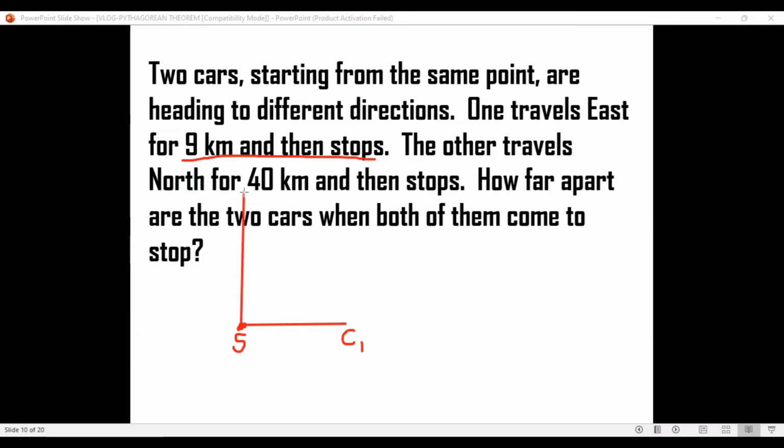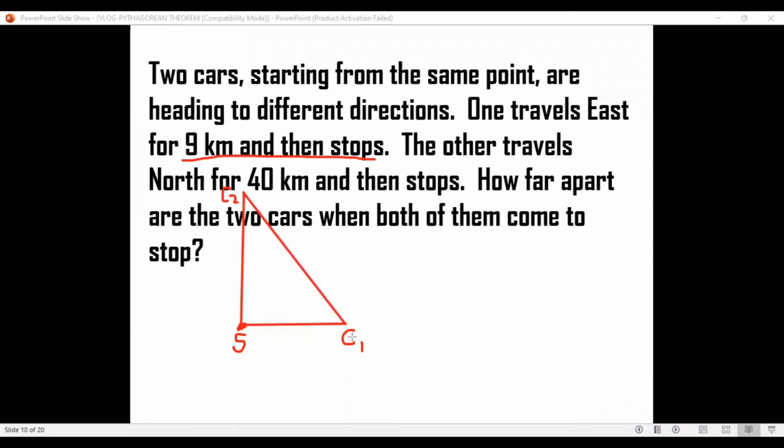So if you are going to do that, this is now the position of the other car. So let's just have that as our car number 2. Now the thing here is how far apart are the two cars when both of them come to stop? So this is now the distance that we are trying to figure out.